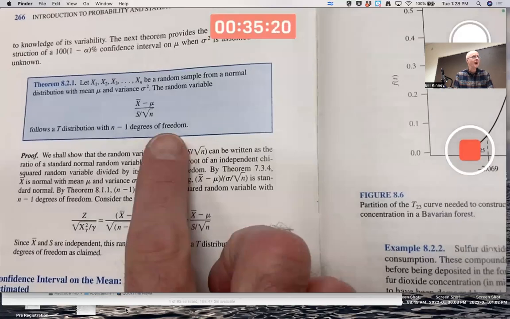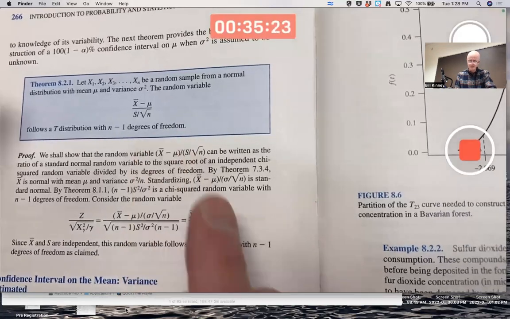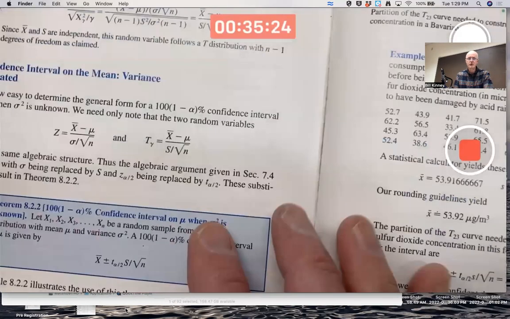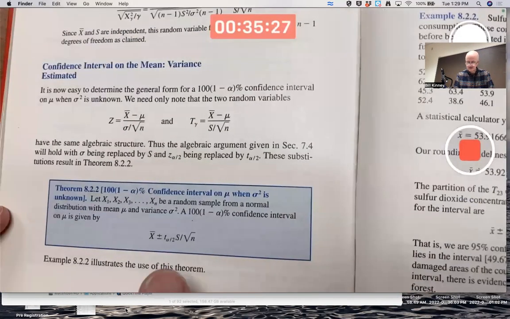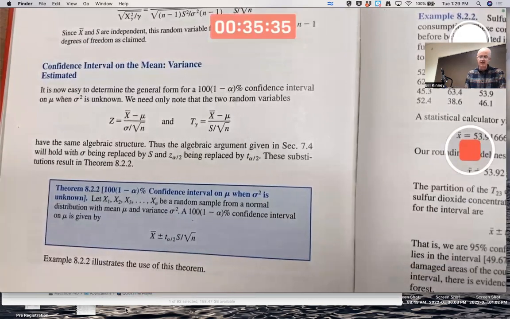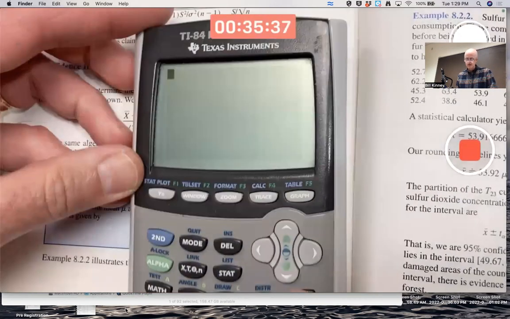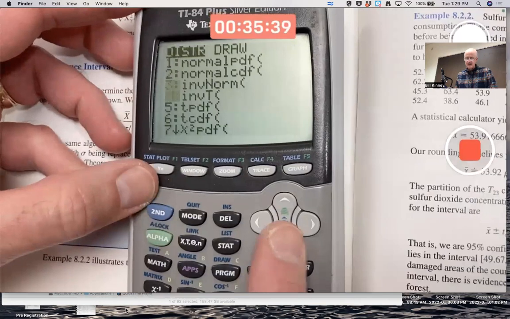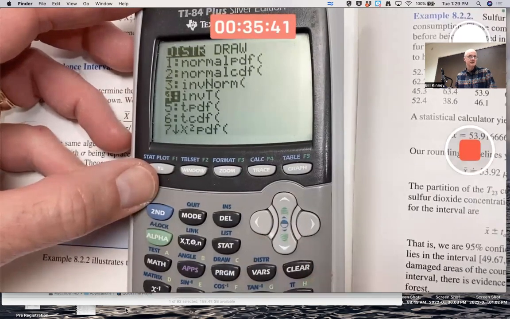This is the basis for hypothesis testing that we'll talk about Thursday. For your homework due Thursday, you'll need to use this theorem. And to use it, you'll have to find t sub alpha over 2. That could be done on a calculator with inv t, which you've never used before.